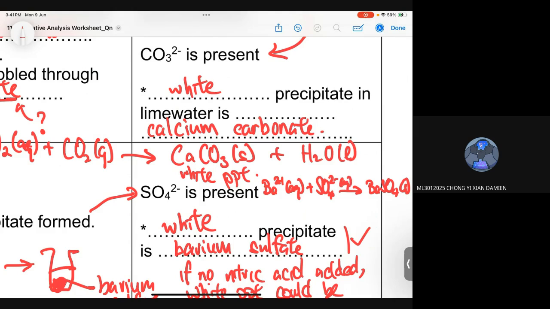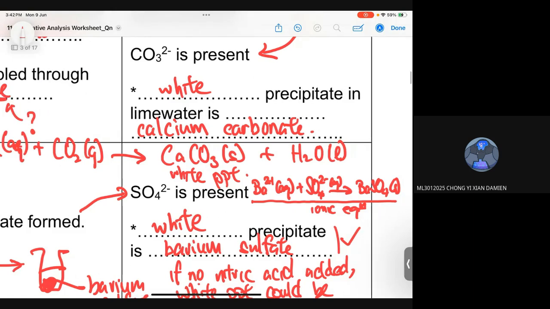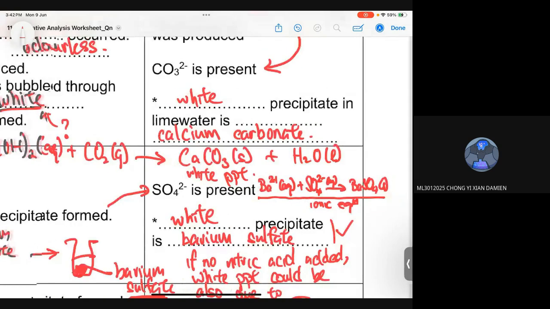So actually your Ba2+ will react with your sulfate from the unknown solution to give you your barium sulfate, which is a solid. So this is the main reaction that's happening each time you have barium sulfate forming. This is actually the ionic equation. Sometimes they'll ask you to write the ionic equation for this. So you realize it's just the barium plus the sulfate to give you your barium sulfate.